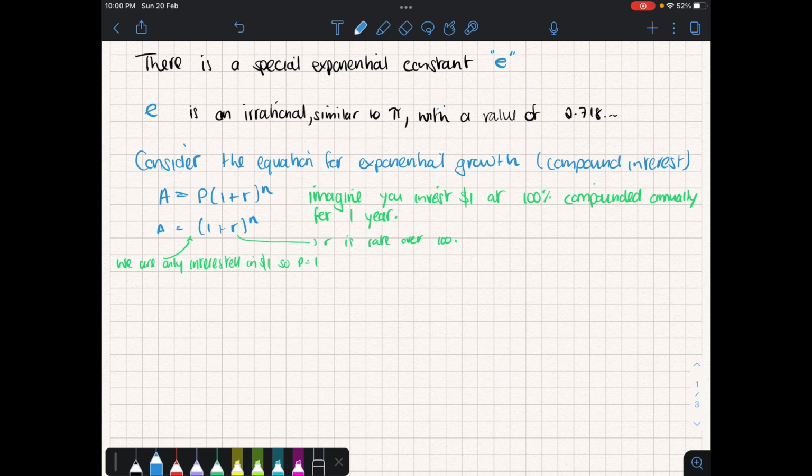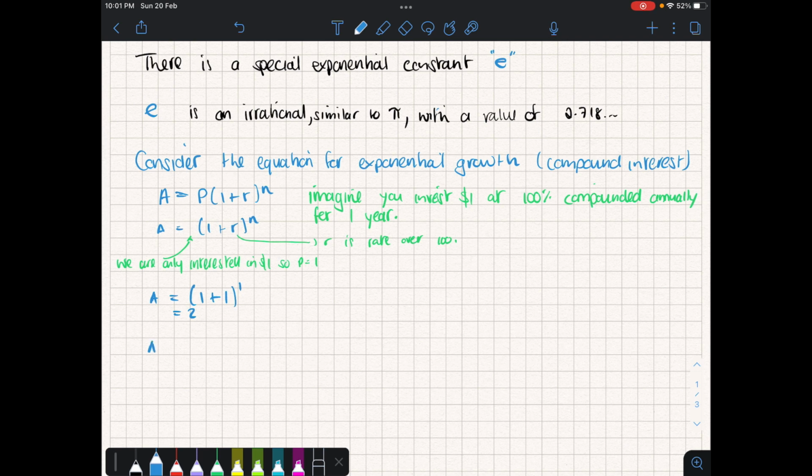So just taking our formula where A equals, right, we're going to consider $1, so P is just going to be equal to 1, and we're going to take 1 plus, and it's 100%, so the rate would be 1, to the power of 1, which is 2. And that makes sense. If you invest $1 at 100% interest for 1 year, you will get exactly double the amount, so you will end up with $2.